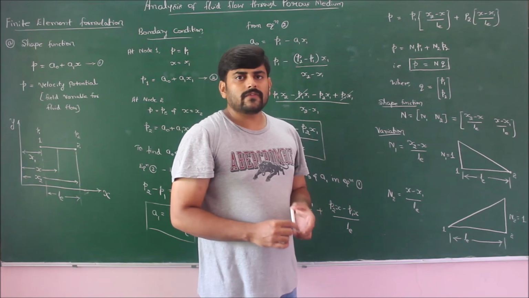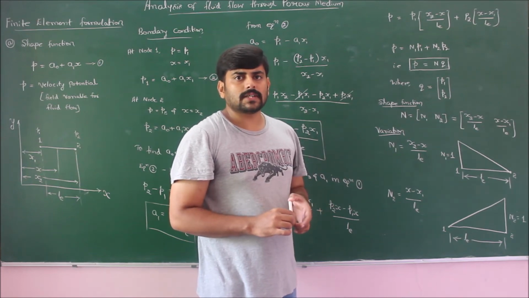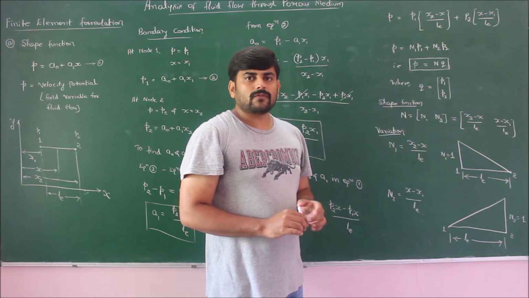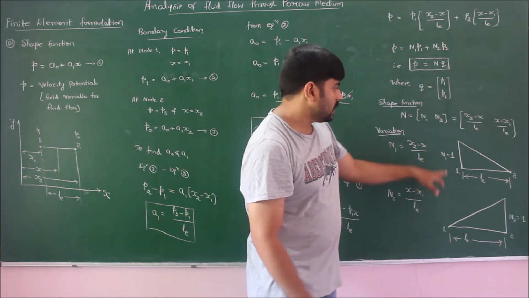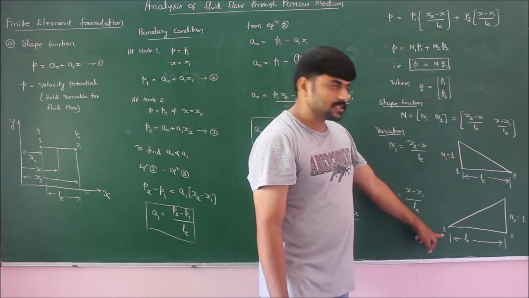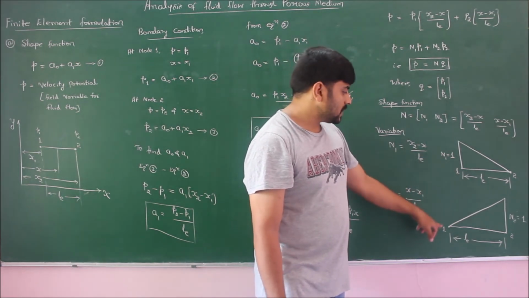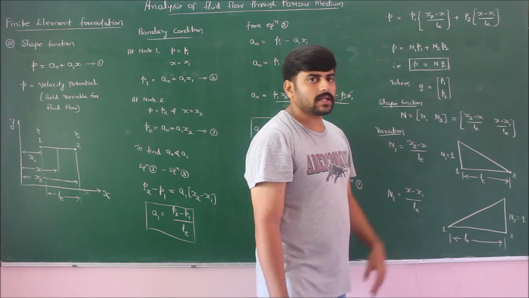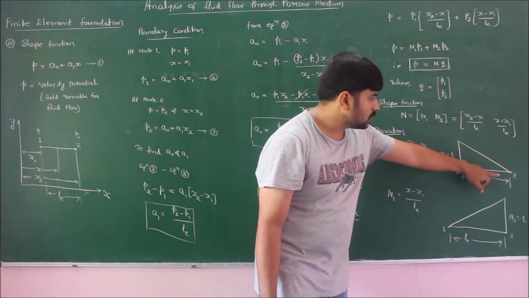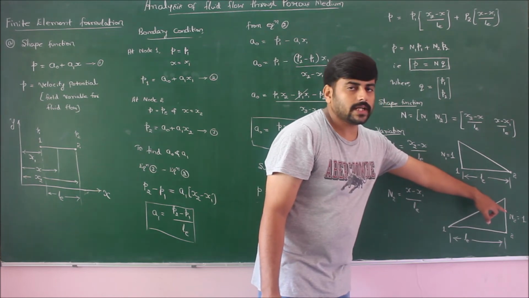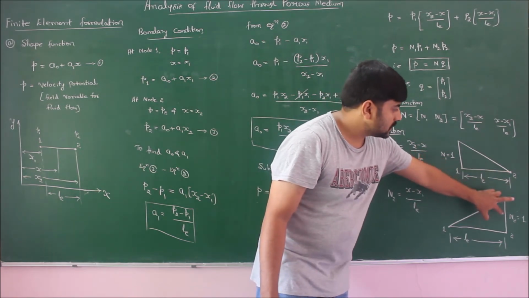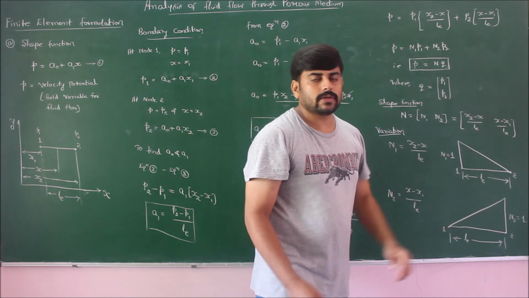And also if you verify the properties of shape function, the first property: sum of shape functions at any node is unity. At node 1, if you verify, N1 is 1, N2 is 0. So therefore the sum of shape functions N1 plus N2 is equal to 1 at node 1. Similarly at node 2, N1 is 0, N2 is equal to 1. So therefore the sum of shape functions at node 2 is also equal to unity.